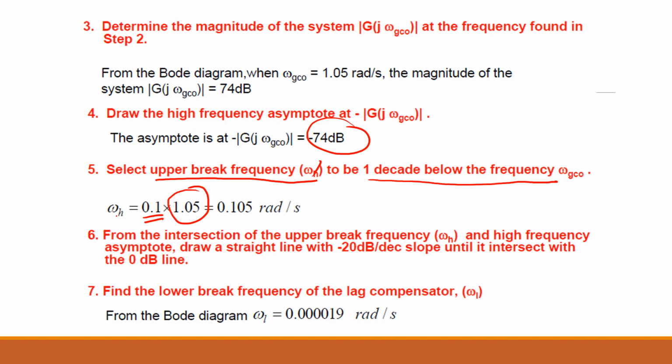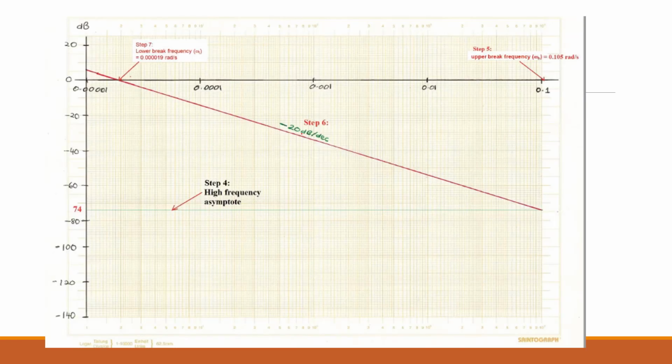So the upper break frequency is about here, and this is the high frequency asymptote. This is the Bode plot for the compensator.